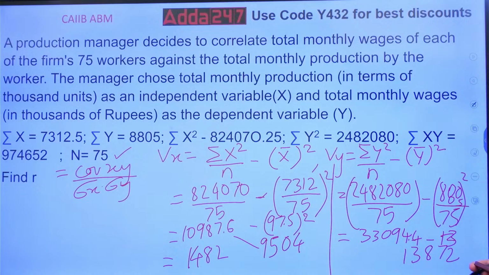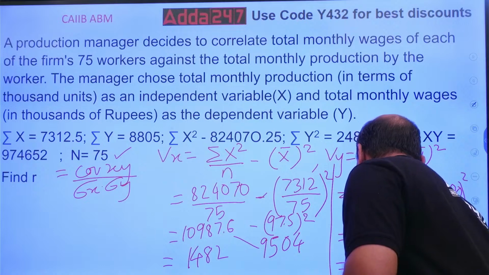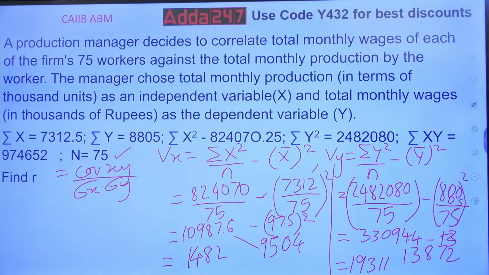Now get this answer, everyone. 19311. Are you getting this? Okay, so this is your variance of x and variance of y.